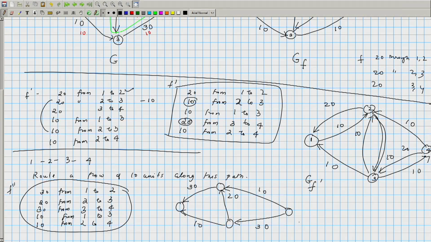Okay. Now, if you look at this residual graph G F double prime, you will see that there are no paths from S to T. And therefore, at least in this situation, it does not look that we can really increase the flow any further. We will prove that as a mathematical theorem.